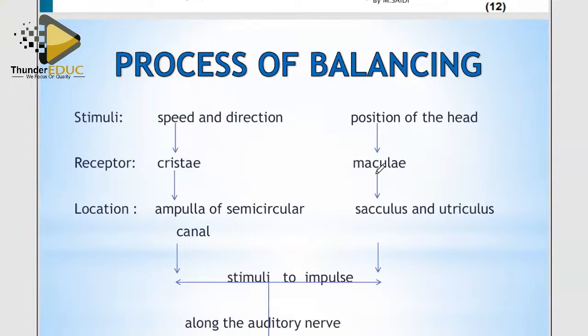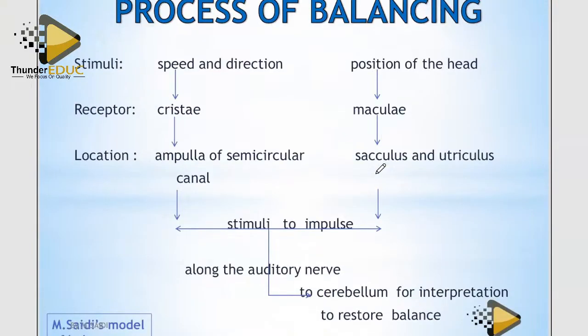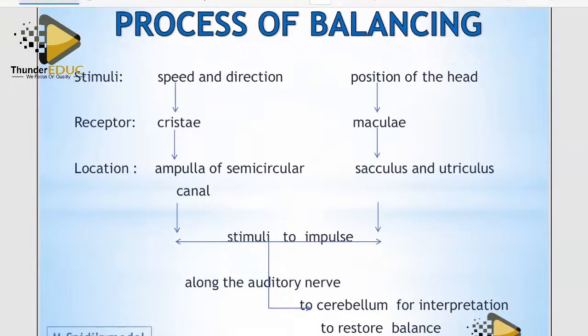So this process is full of scientific words. Is it clear? It's simple. I did this side model of balance so that it simplifies your work. So at least you must know this model of balance before you go to the paper. Let's start it.